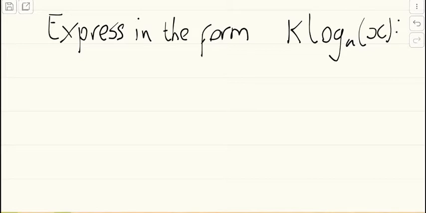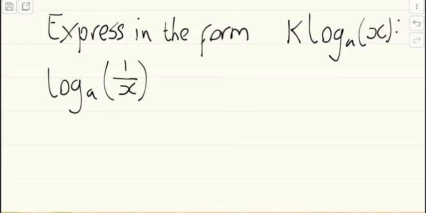Okay, let's look at some examples. Suppose you have this logarithm: log to the base a of 1 over x. How will we get this in the form of k log to the base a of x?